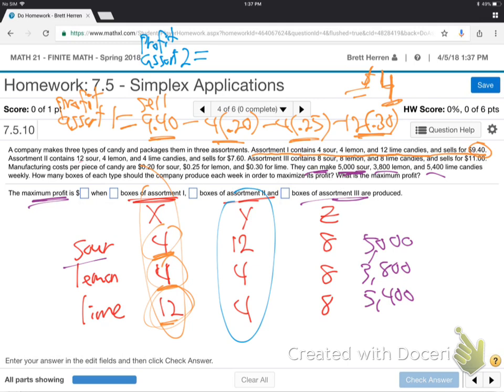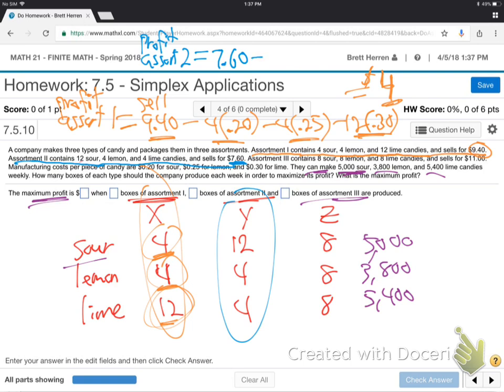First off, how much do they sell it for? Right there, assortment 2 sells for $7.60. That's the sale price. But now you've got to subtract all the costs, what it costs them to put that box together, to get their profit.